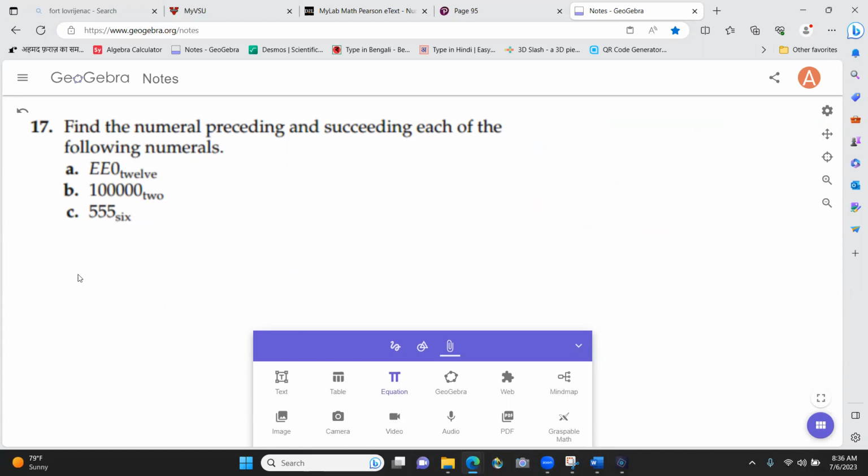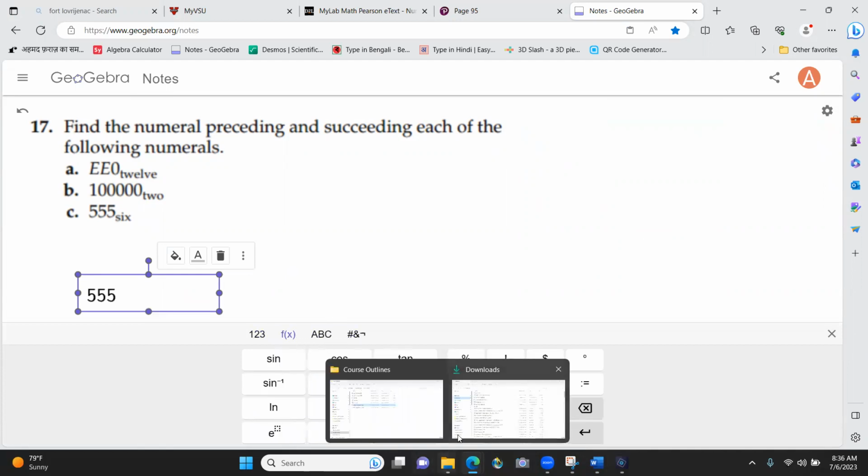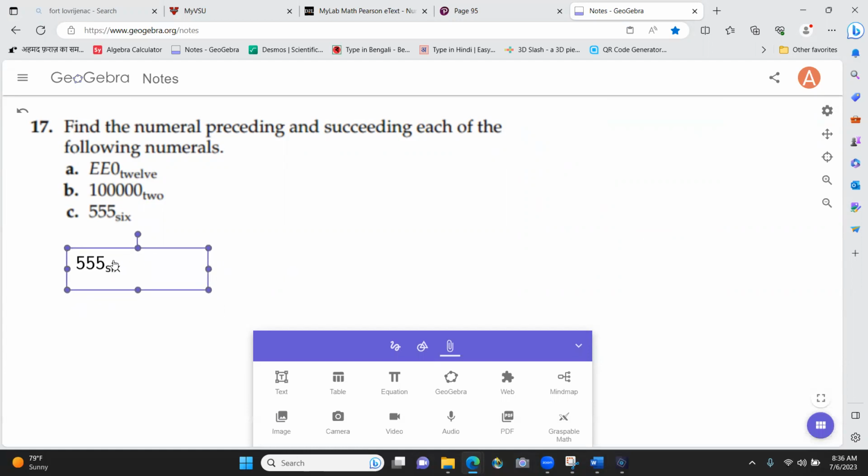This is 5, 5, 5 in base 6. I'm sorry. So, what's going on here is I am going to find out what it is in base 6, and then I'm going to subtract 1 from it, and then I have to write it in base 6.